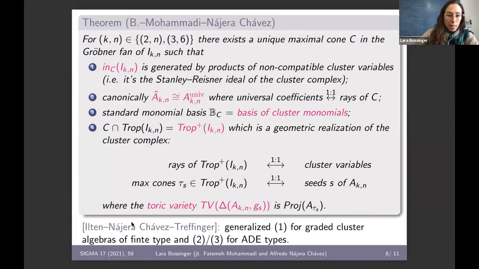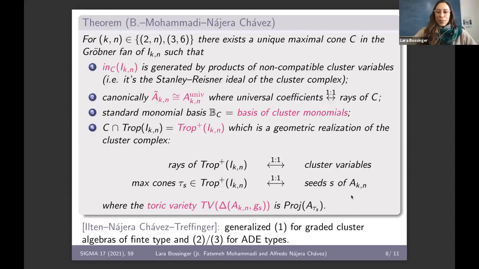Nathan Ilten, Alfredo, and Hipólito Treffinger generalized point 1 of this theorem for arbitrary finite type graded cluster algebras, and points 2 and 3 are generalized to types ADE in their work. If you're interested, I encourage you to look at it. I think Hipólito is an active, non-virtual participant of this conference.